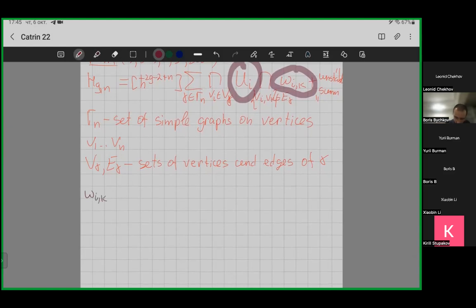Omega ik is this guy, so it's an exponent to the power... So you see, why am I writing all this stuff?